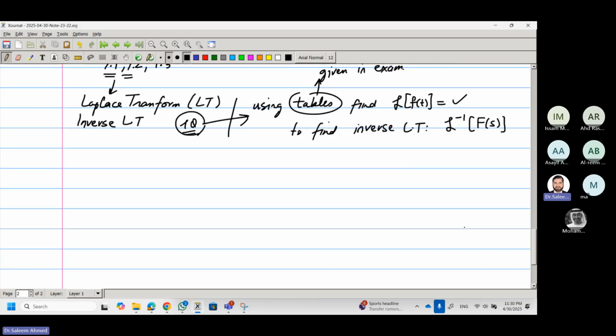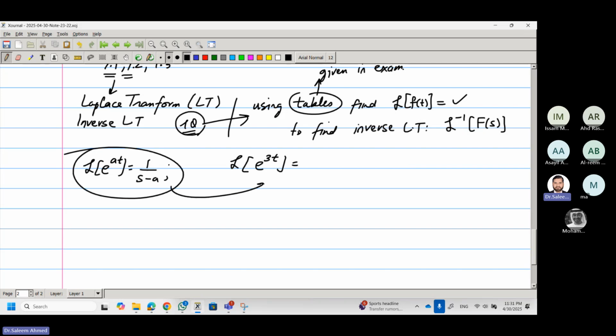If you look at the table, for example, if I ask you what is the Laplace transform of e to the power 3t, in the table a formula will be written: e to the power at is 1 over s minus a. This formula will be given. So from here, you can see that my a is 3, so I will write this as 1 over s minus 3.